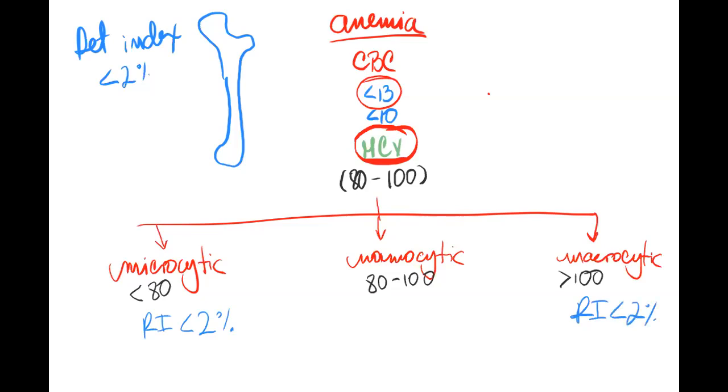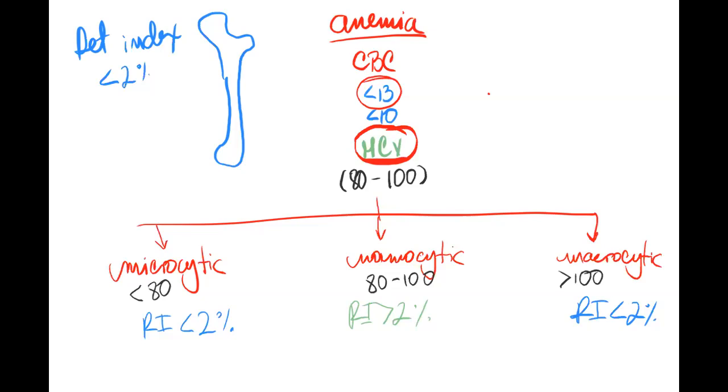The normocytic anemia, most of the time, is due to a destruction issue. So the reticulocyte index in the normocytic anemia is going to be greater than 2%.